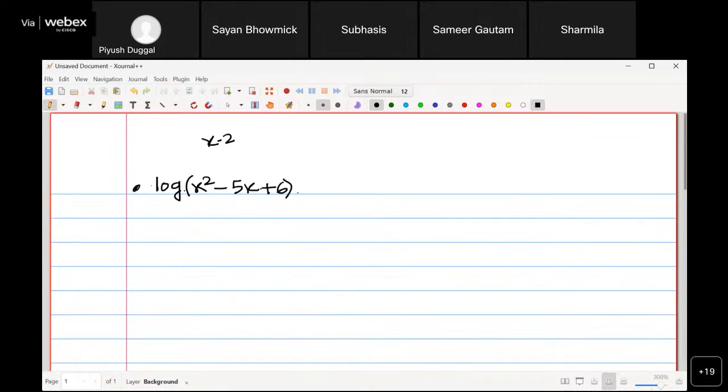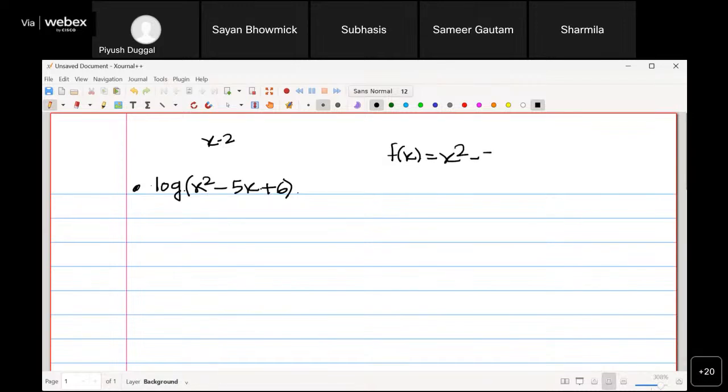Okay, so the first thing you have to know is what is the domain of this function, right? You know that this parabola, this quadratic function, has domain certainly R, right?